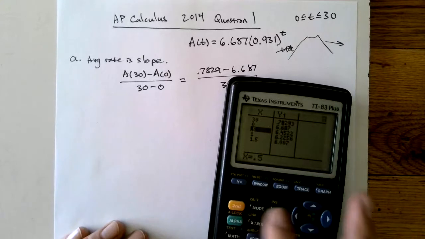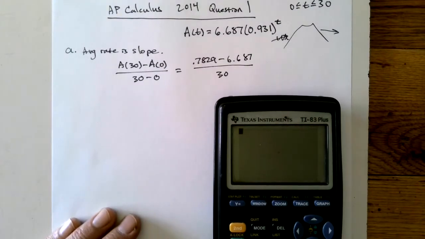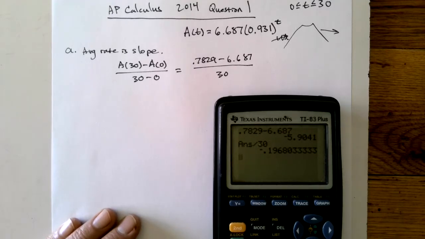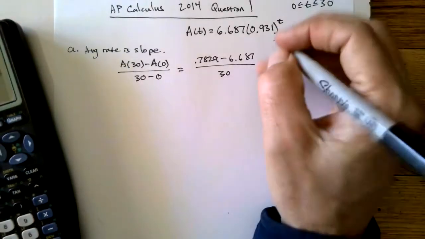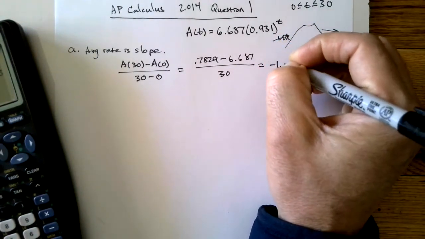I'm going to calculate that. 0.7829 minus 6.687 divided by 30, negative 0.196.